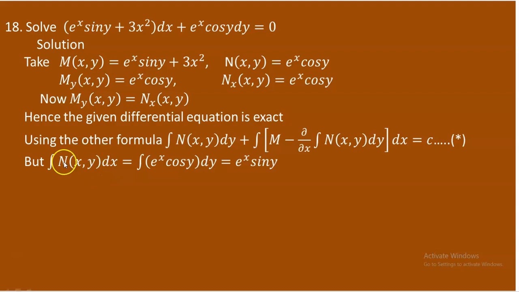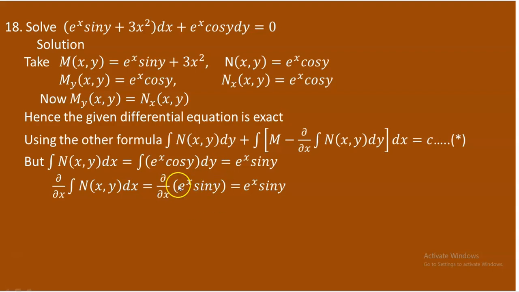So we have now determined the integral of N dy. This is already determined, but we need this result over here, because we need to perform the partial derivative with respect to x of the result we obtained here. So the partial derivative with respect to x of the integral of N dy is the same as the partial derivative with respect to x of the one we obtained here.